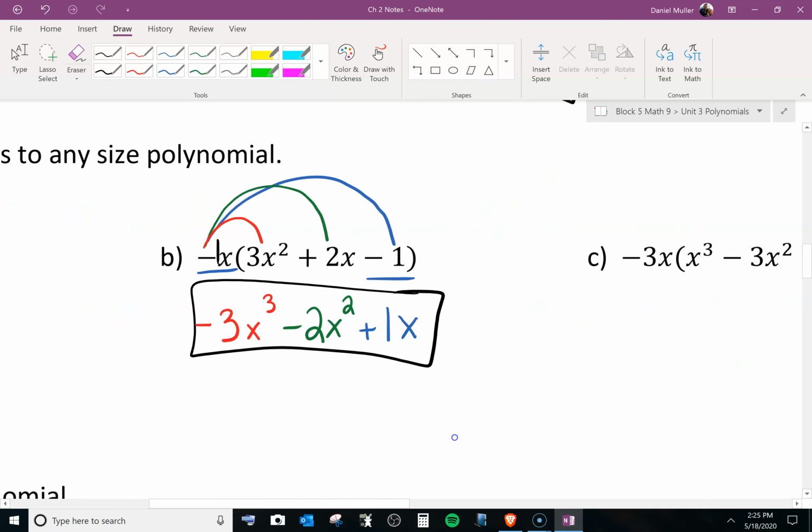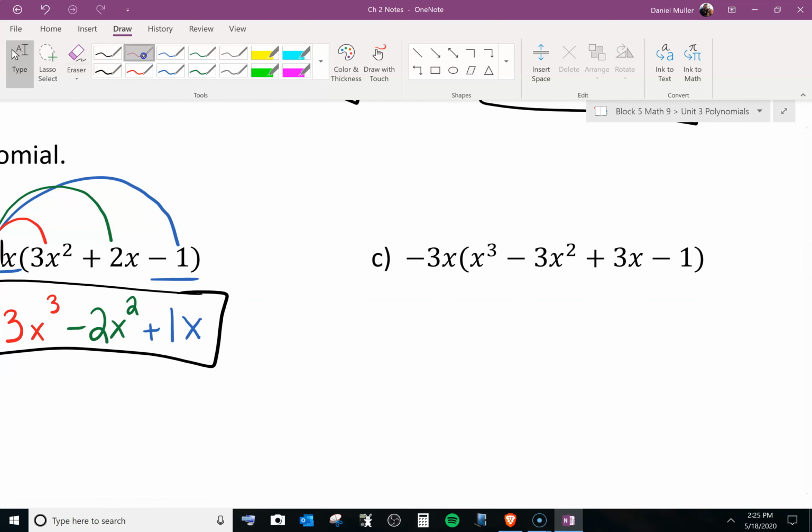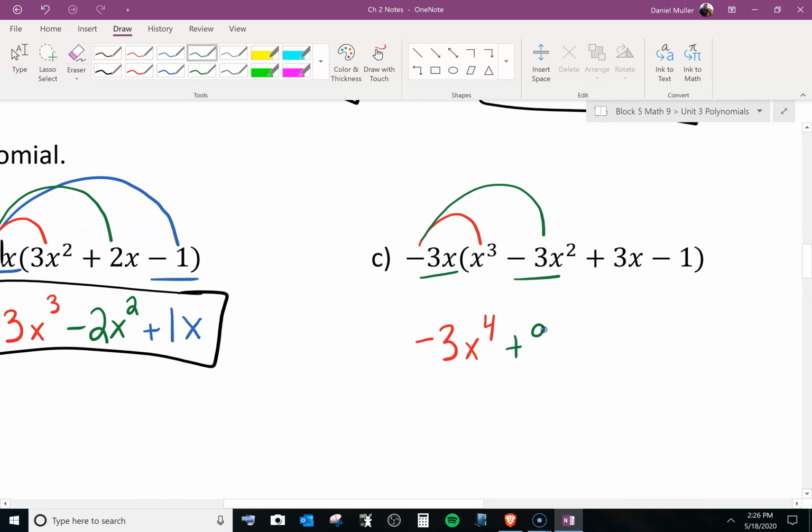Okay, let's try this one. So here we go. Negative 3, and there's just a 1 out in front, so negative 3 times 1 is negative 3. X times x cubed, there's an x, and there's 3 more for a total of 4. Then I can do this. So negative 3 times negative 3 is a positive 9.